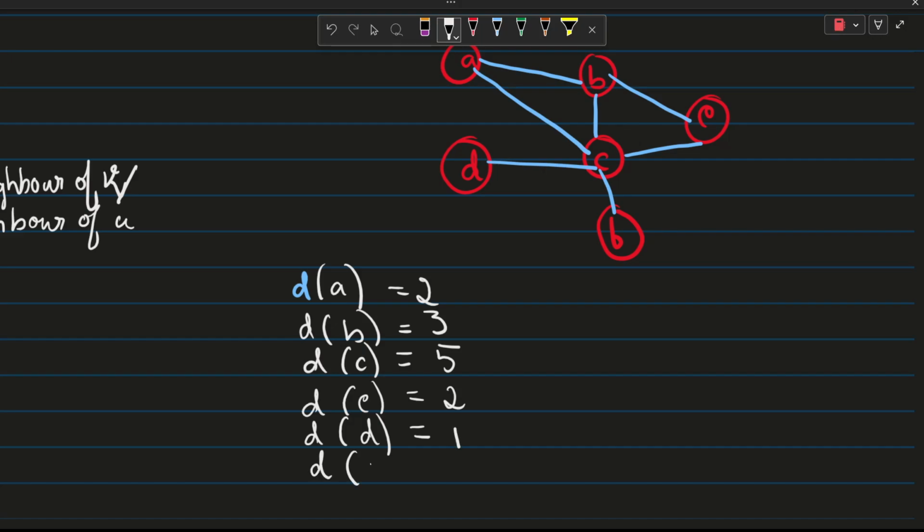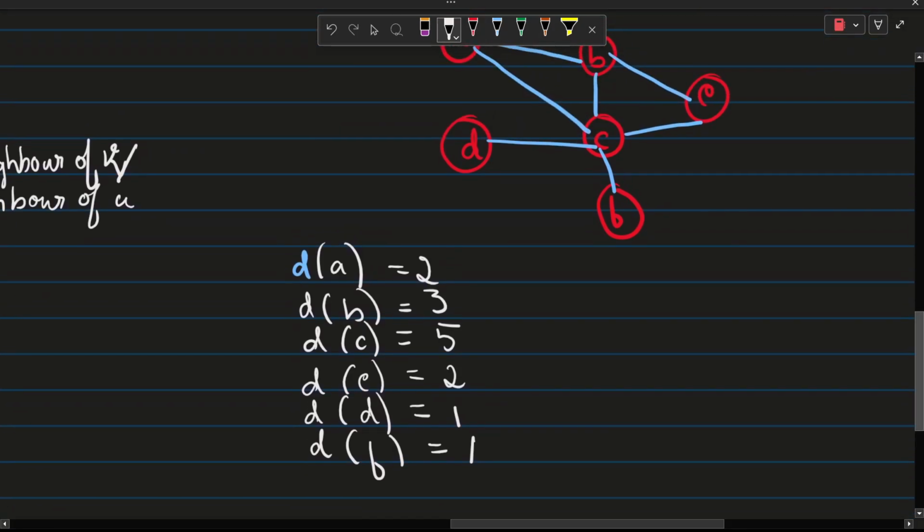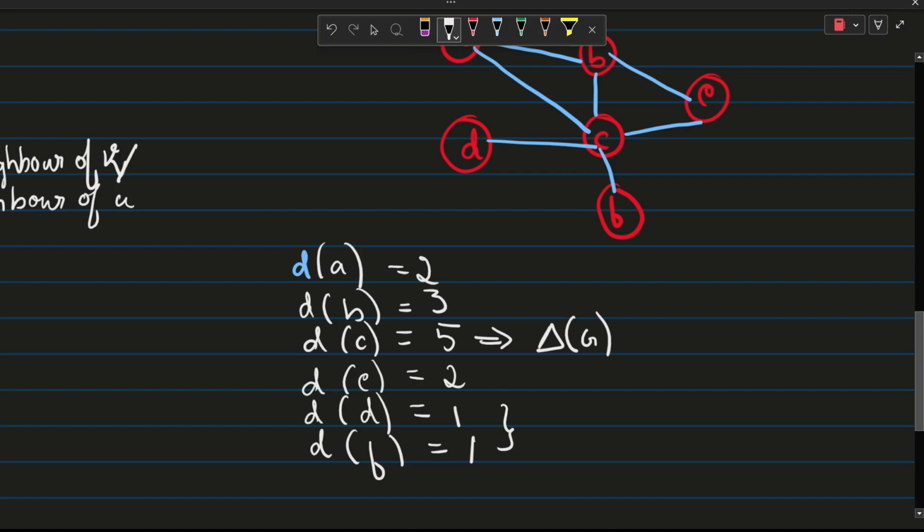Similarly, degree of F is 1. In this example, the maximum degree would be C. C would have the maximum degree, and the minimum degree is both D and F.